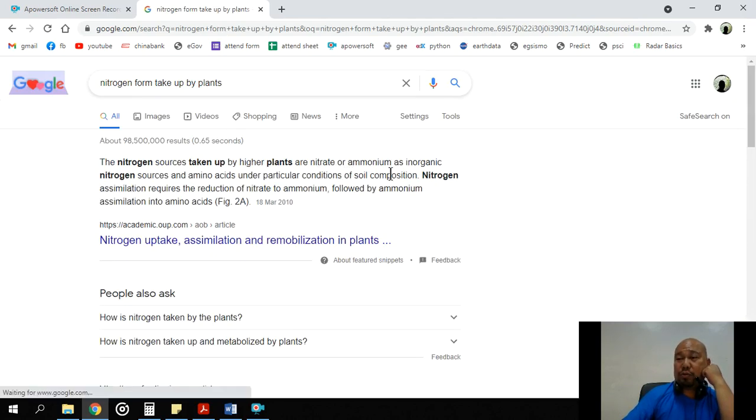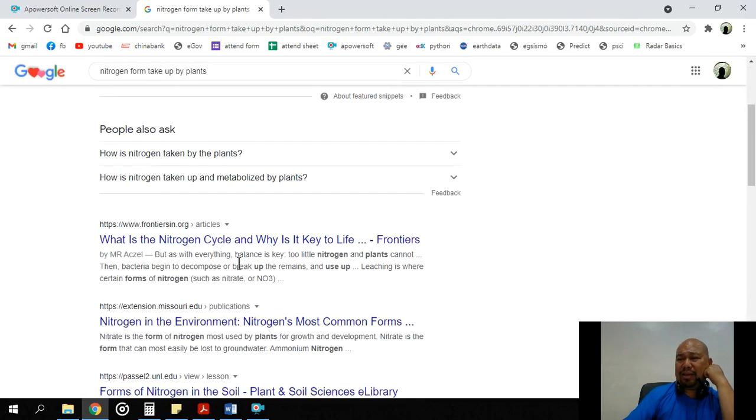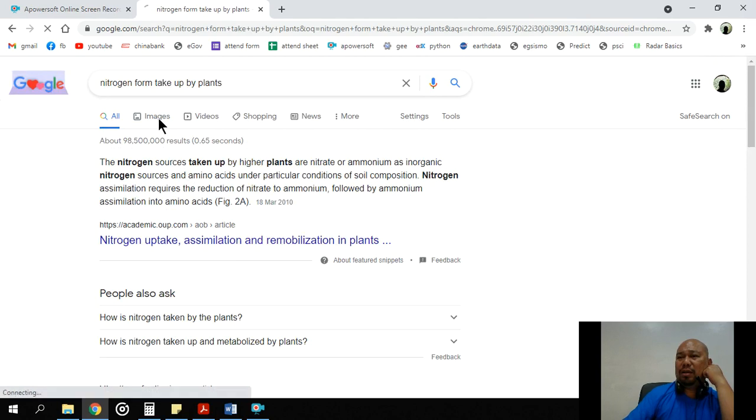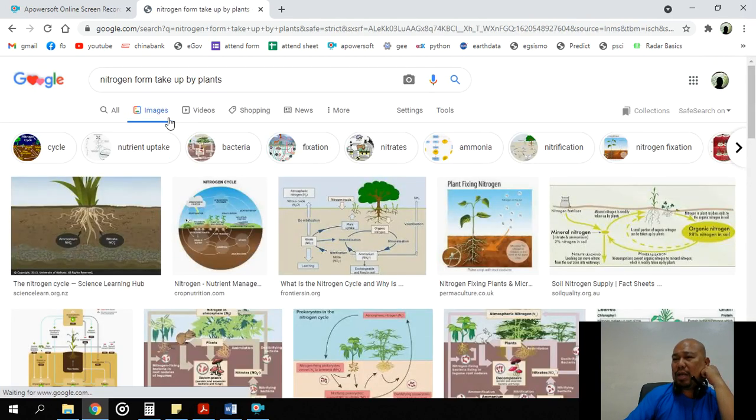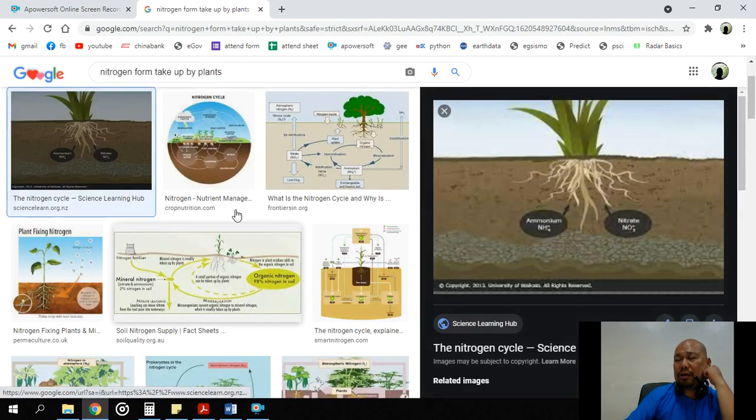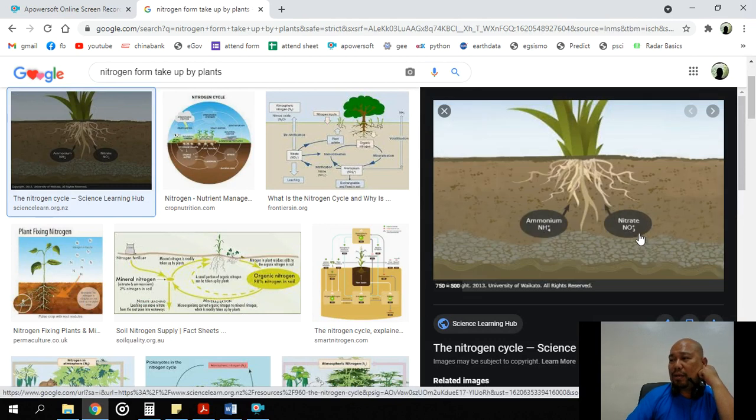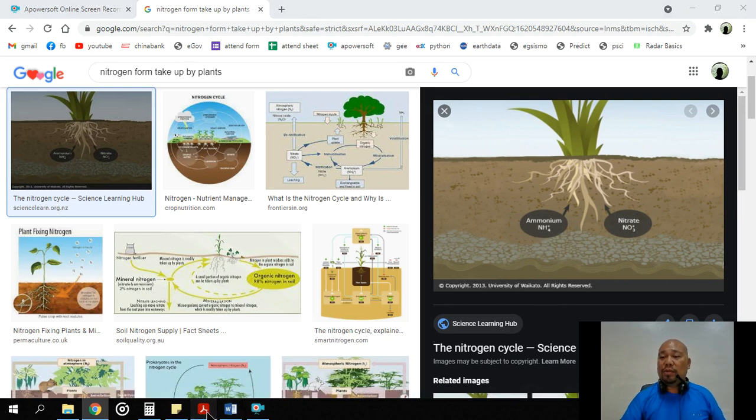Nitrate or ammonium. Okay? Nitrate is, I think, NO3. But we don't have an NO3 choice here. Oh, NO3 is there. It's NO3. I don't know if you can see that one. But plants take up nitrogen in the form of nitrate or ammonium.